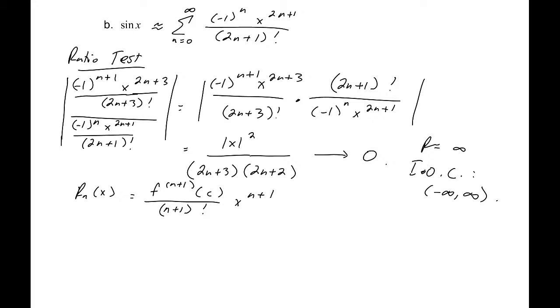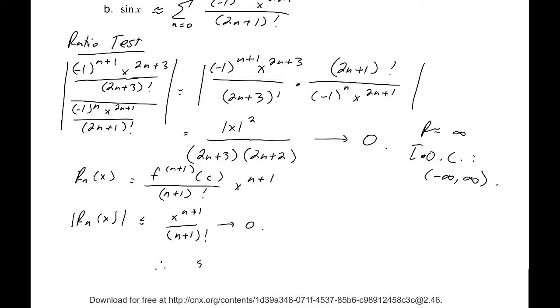Now, because any derivative of sine is bounded by 1, we can say that the absolute value of Rn of x is less than or equal to x to the n plus 1 over (n plus 1) factorial. Now, by the same reasoning earlier, this converges to 0.